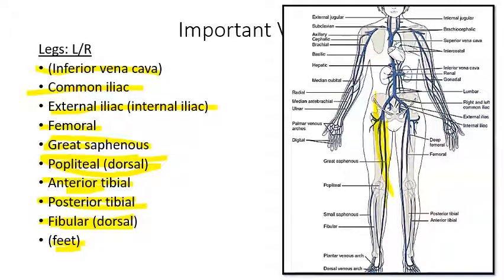So around this area in the pelvis, we have mirror images of veins and arteries where you have a common iliac vein as well as a common iliac artery, and then you have an external iliac vein as well as an external iliac artery.